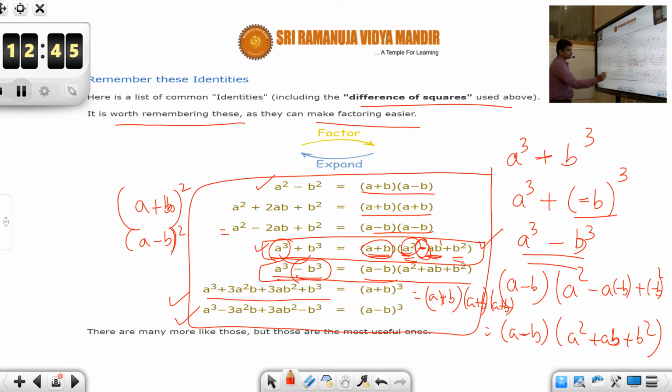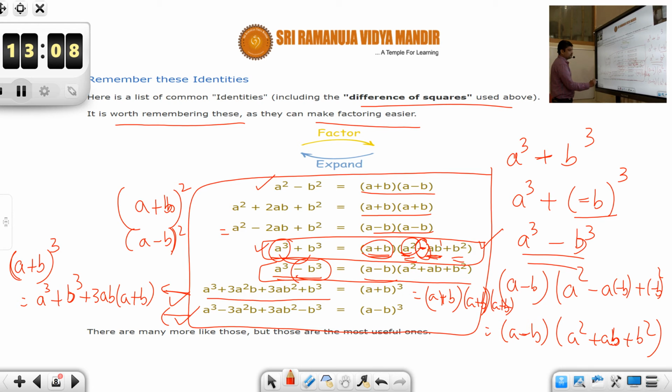And you can also write this formula in another way. a plus b whole cube we can write as a cube plus b cube plus 3ab times a plus b. Okay, students.